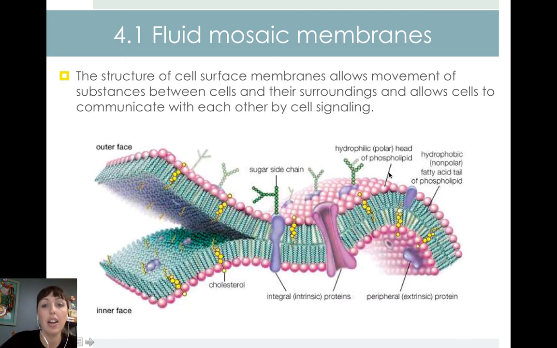Oh, and additionally, the selectively permeable nature of the membrane allows the cell to communicate with other cells by cell signaling.